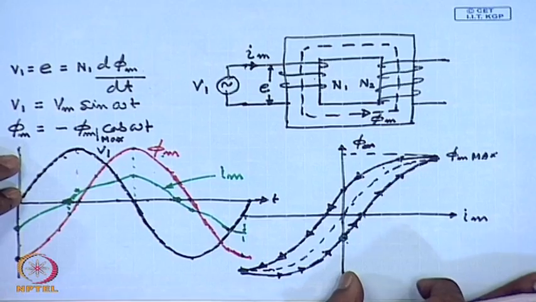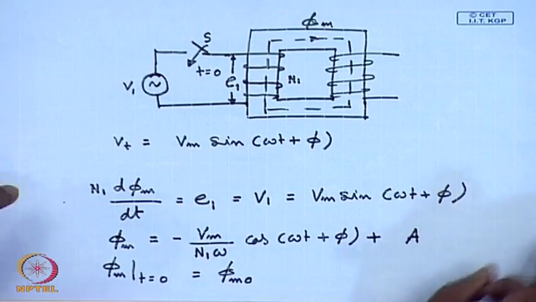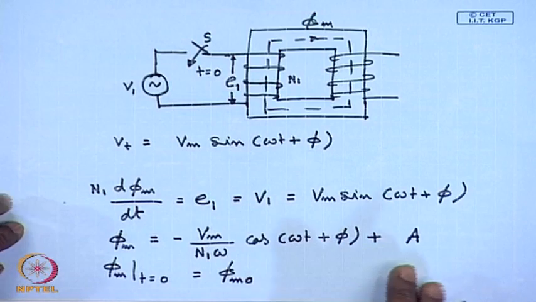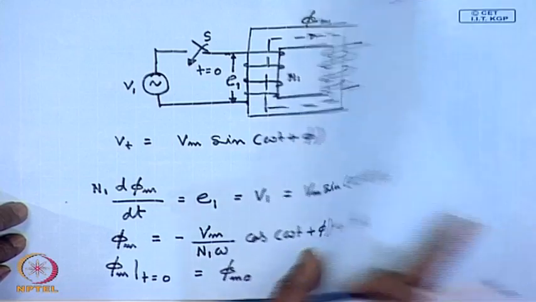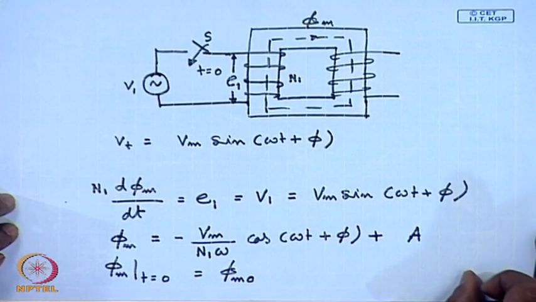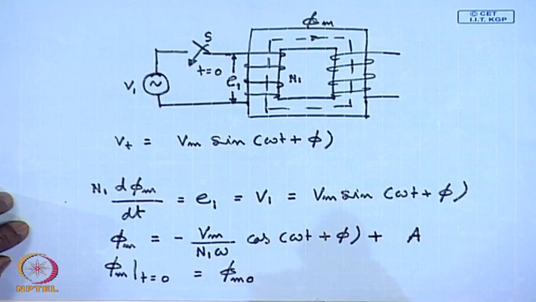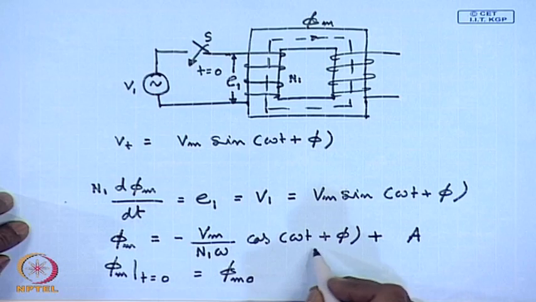This is called the residual magnetism, and there may be some residual magnetism in the core due to previous excitation. So, in general phi m 0 will not be 0. In that case, how do we find out phi m 0? By putting t equal to 0 in this equation.